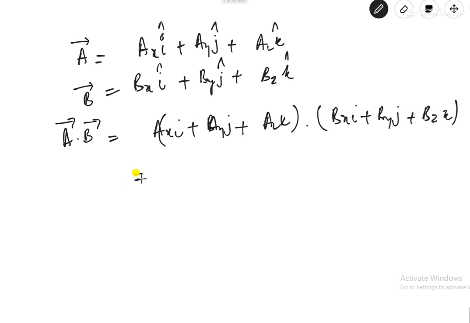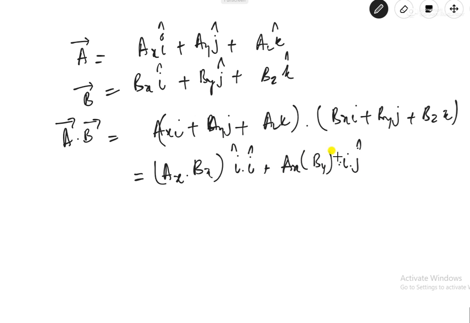So what happens? Finally we will write AX into BX, i into i, these two unit vectors. Similarly AX into BY, i into j, and AX into BZ, i into k. So let's solve this.